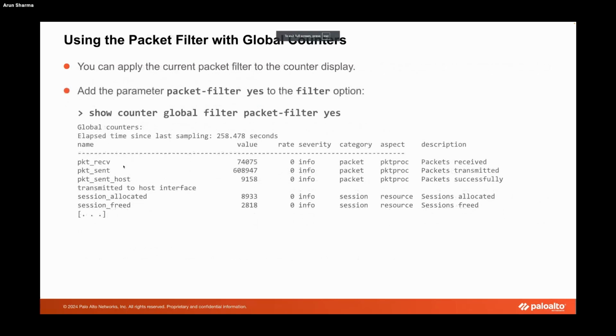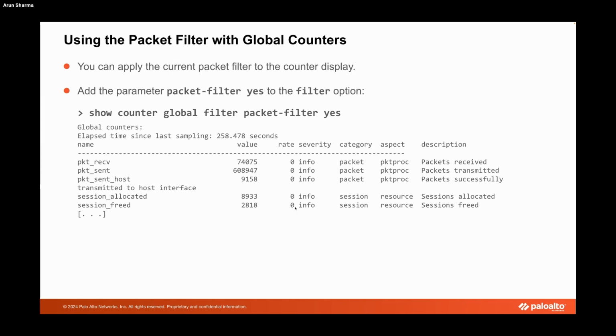Based on the filters, we have different columns here. Name of the counter: it could be packet received, sent. We have a lot of counters, and based on interesting traffic, we can look for that specific counter. What is the value? What is the rate?